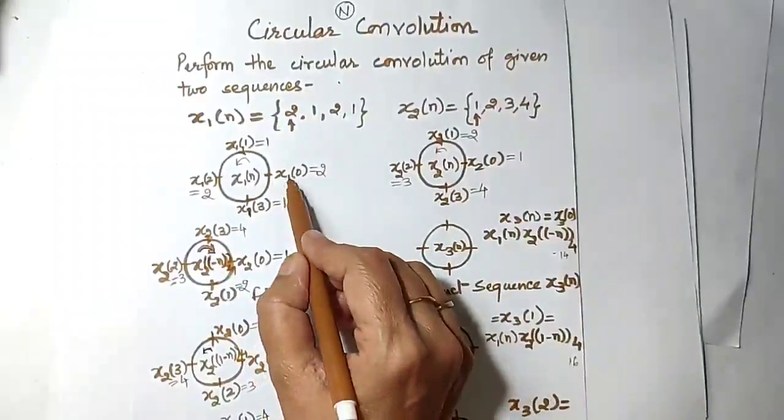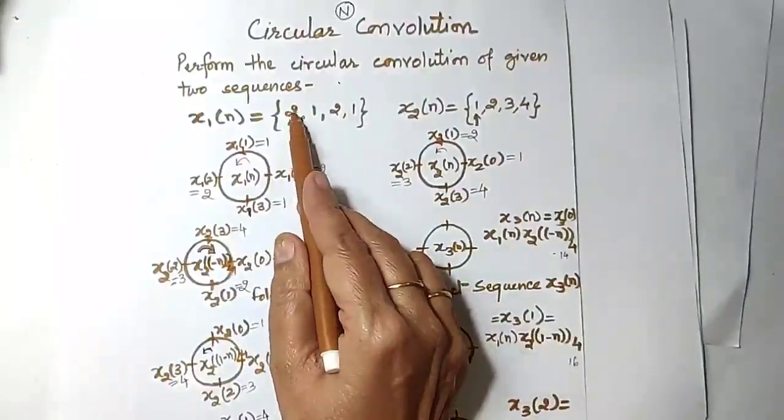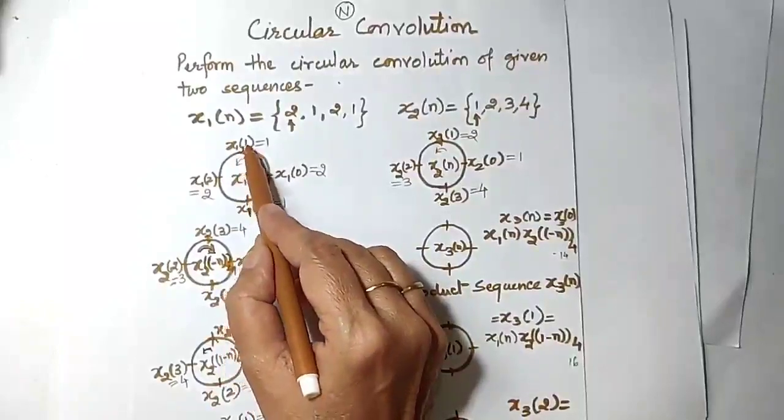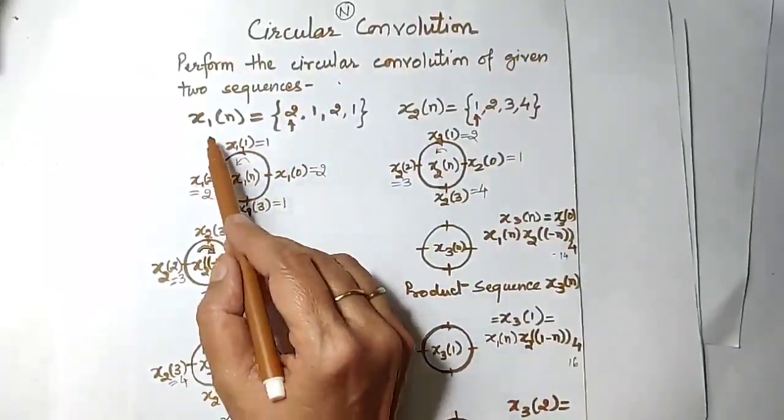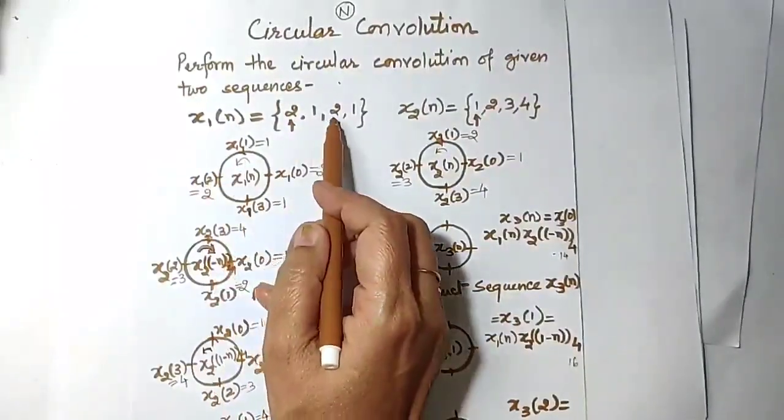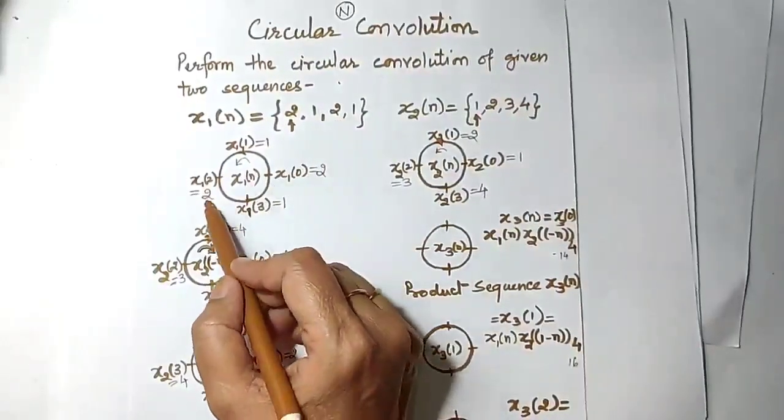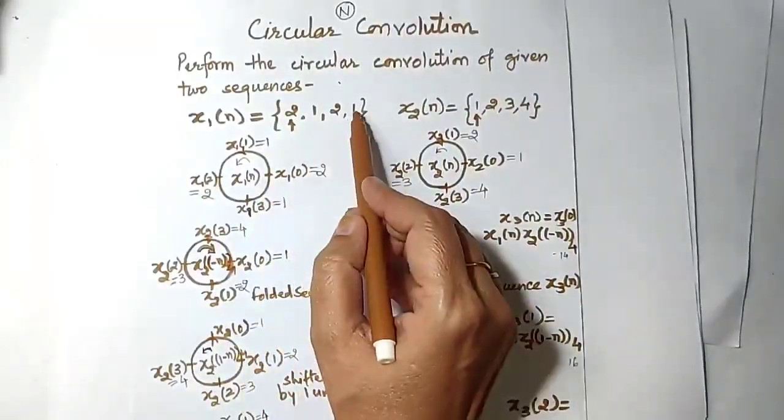The value of x0 is 2, x1 is 1, x2 is 2 and x3 is 1.